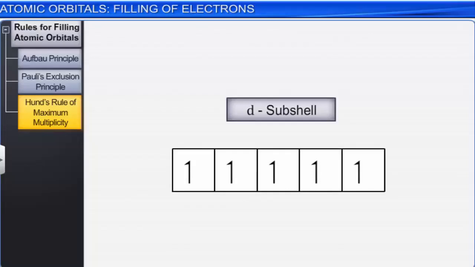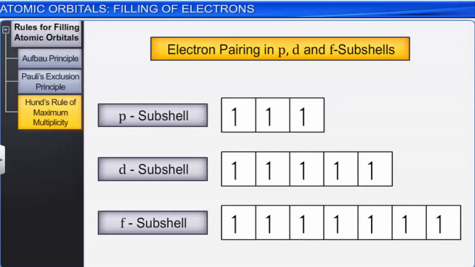It can also be stated as: the pairing of electrons in the orbitals belonging to the same subshell doesn't take place until each orbital belonging to the same subshell gets one electron each. Therefore, electron pairing in p, d or f subshells cannot take place until each orbital of a given subshell contains one electron each.